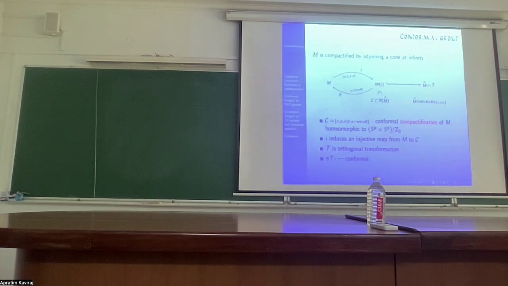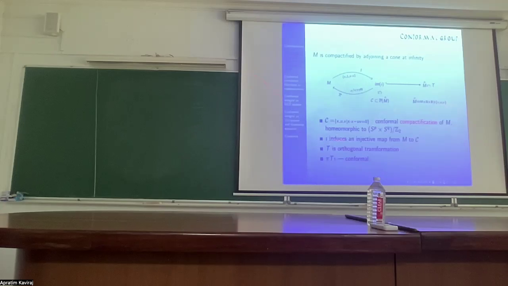The way to effect conformal transformations is as follows. M dot is M plus R^2. You take an orthogonal transformation. So T is an orthogonal transformation of this space. Make the orthogonal transformation, bring this back onto the cone, then take this map back. This is a projective map. You have x by v, where v is not equal to 0, and u is already 1 by this.